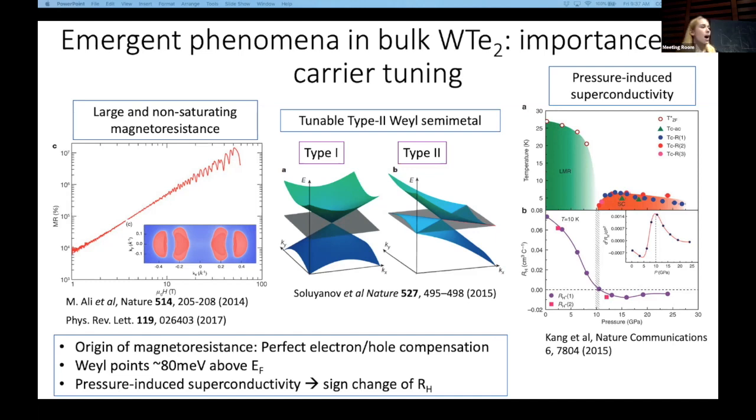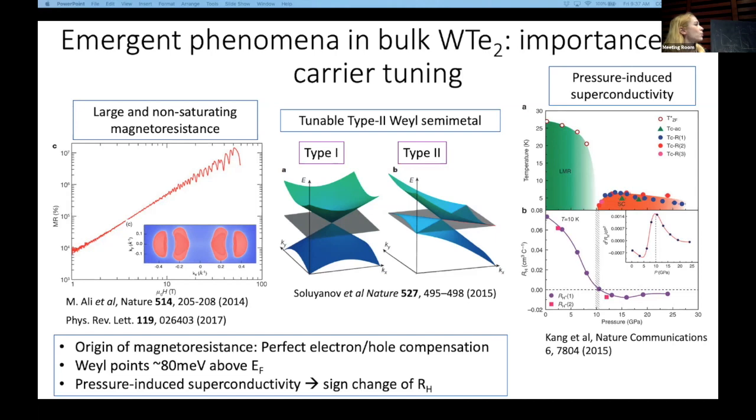More recently, this material became prominent as a predicted type 2 Weyl semimetal that was tunable by either strain or molybdenum alloying. A type 2 Weyl semimetal is characterized by tilted Weyl cones instead of ones that obey Lorentz symmetry.